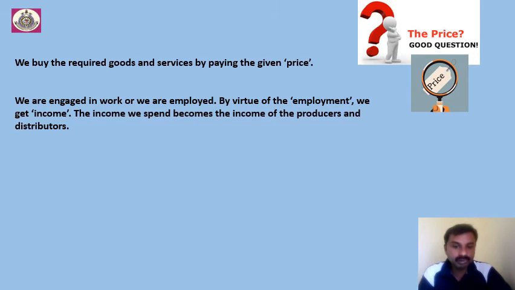You should earn money. So the work or activities you do for income, that is your employment. By doing your work, you get money. That money is called income. That income you spend to satisfy your wants. That is the income of the producers and distributors.